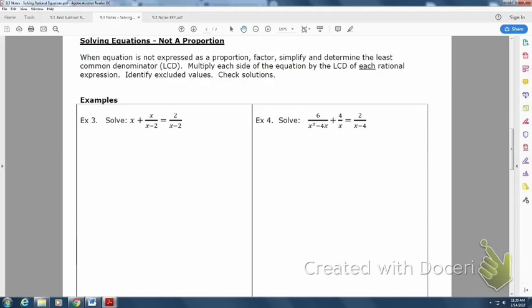So, looking at number 3. First, what is my denominator for that? 1. Okay. X over 1 is the same as x. So the next thing I would need to look to do is to factor, which nothing can factor. So what could I make my common denominator? Just x minus 2.